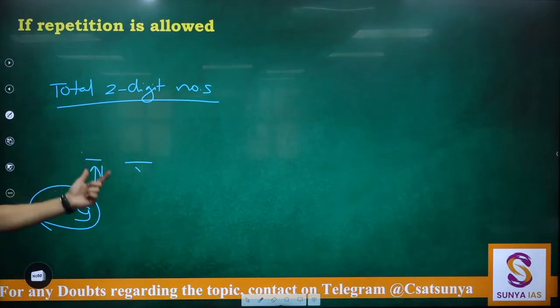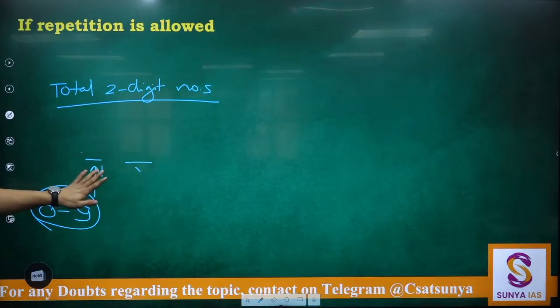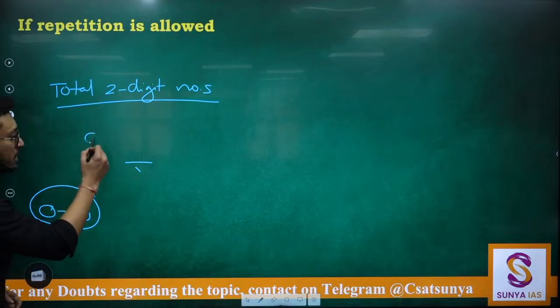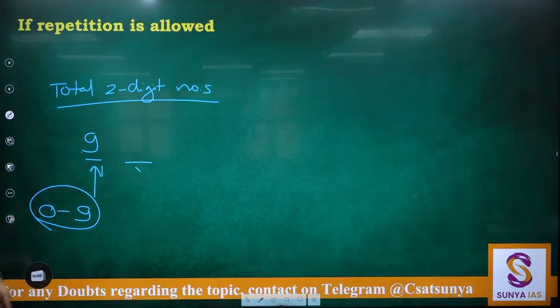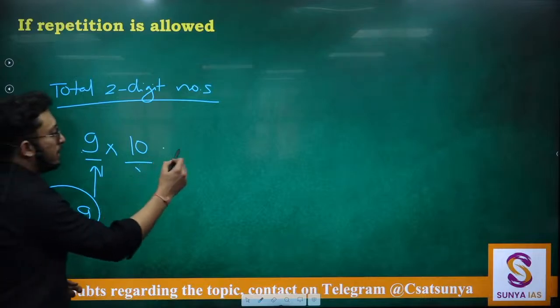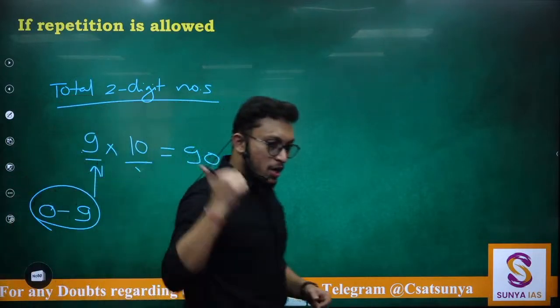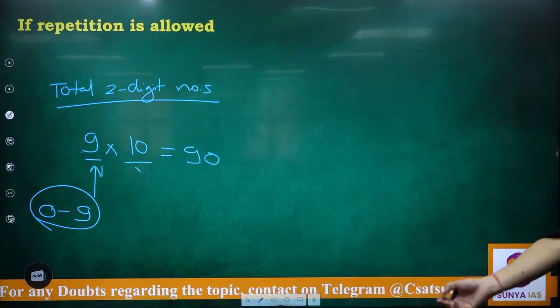That means I cannot fill it with a 0. For this place, how many numbers do I have? I have digits from 1 to 9 only. So for this place, I have only 9 digits. For the second place, I can fill it with any digit from 0 to 9. That means in total, I have 90 numbers.